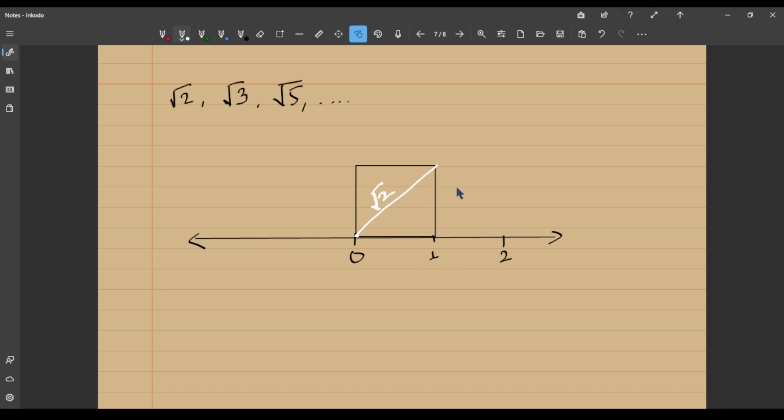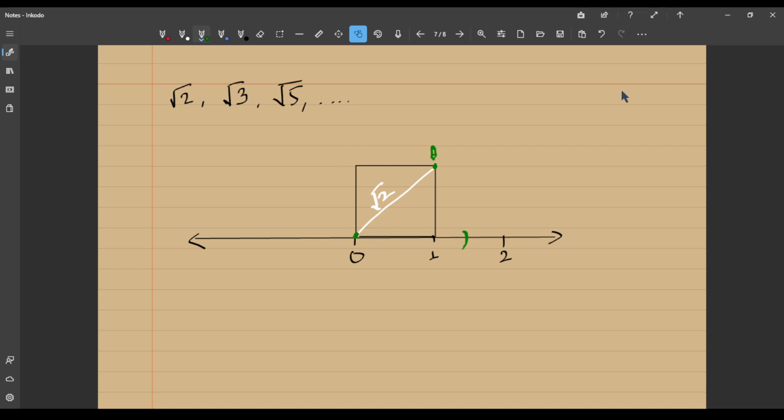Using the tools we already have, using a compass, what I do is I place the needle part of my compass on 0, and I measure this distance with the pencil part of the compass. And I measure this distance, and now with the same distance, without changing the arc of the compass, I cut the number line wherever the pencil cuts it.